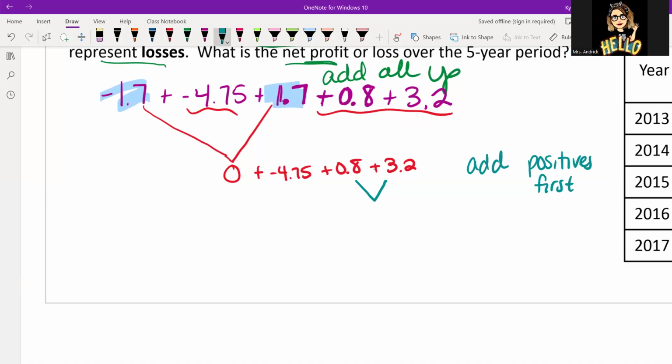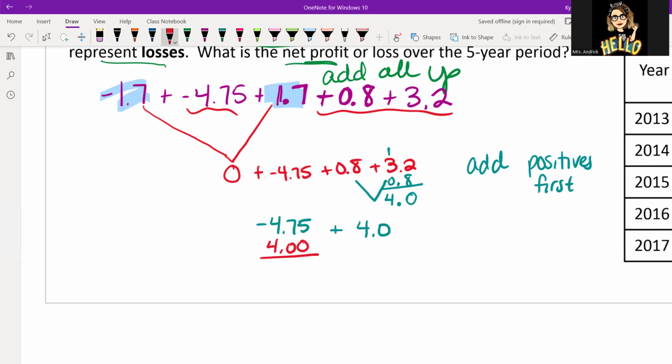When I add those up, line them up if you need to. 2 plus 8 is 10, so 0, carry the 1. 1 plus 3 is 4. So those become 4.0 plus negative 4.75. Now I have those two, so I'm going to line them up and put in my 0 placeholder.